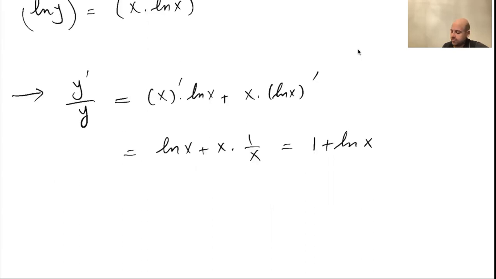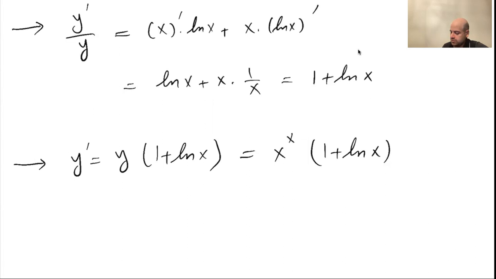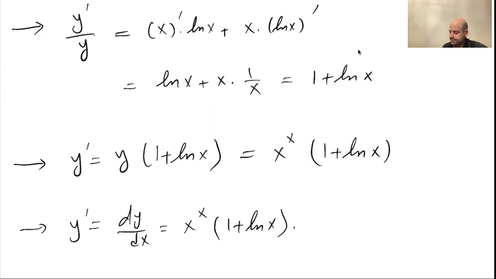So what will be y prime? Therefore, y prime will be equal to y times 1 plus ln x. And we know y is x to power x, so x to power x times 1 plus ln x. So we showed that y prime equals dy to dx equals x to power x times 1 plus ln x.